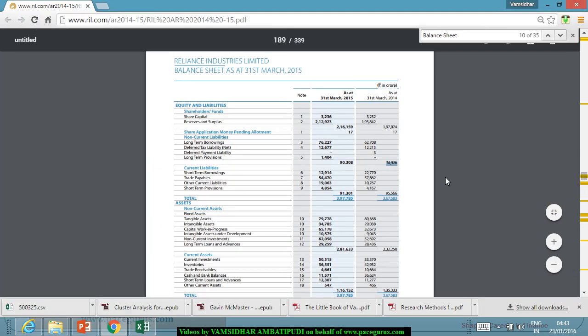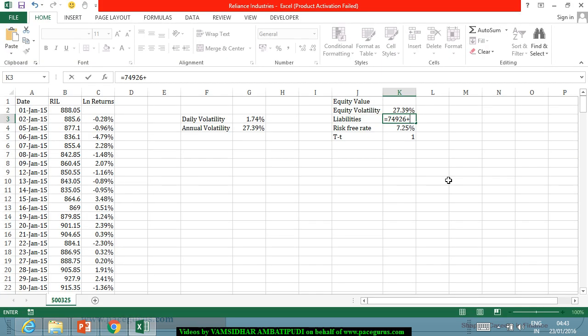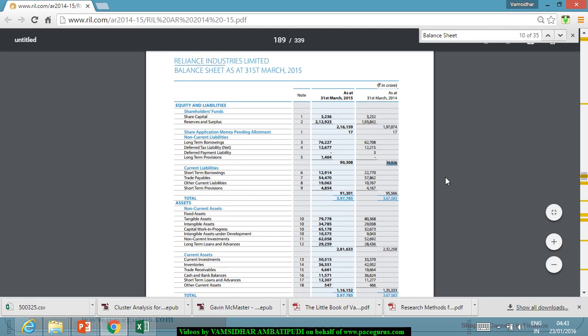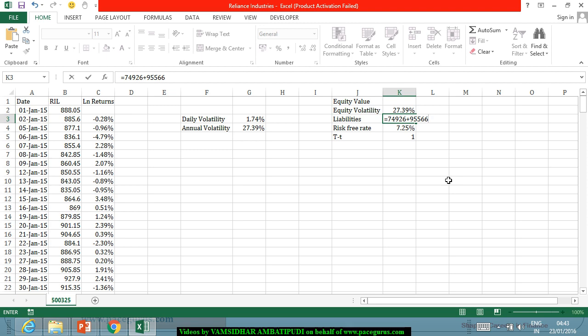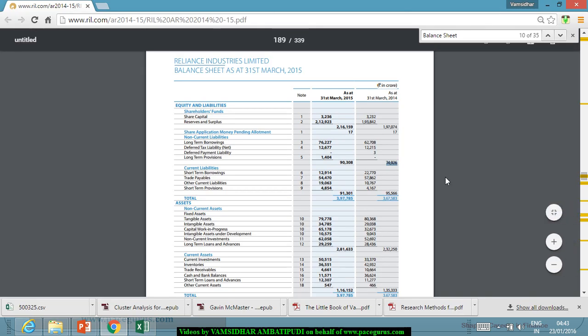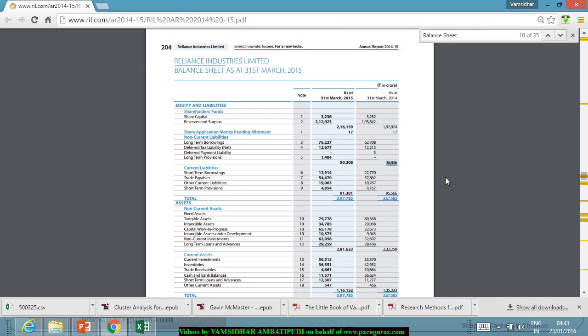74,926 plus 95,566. This is what I am taking as their total liabilities, both non-current and current, from the latest balance sheet, the 31st March 2015 balance sheet. I am capturing this important detail.